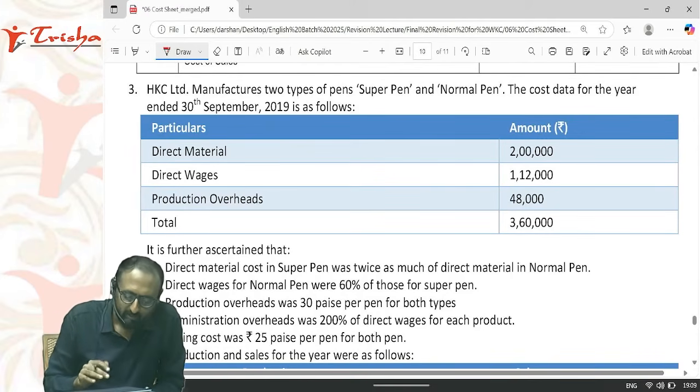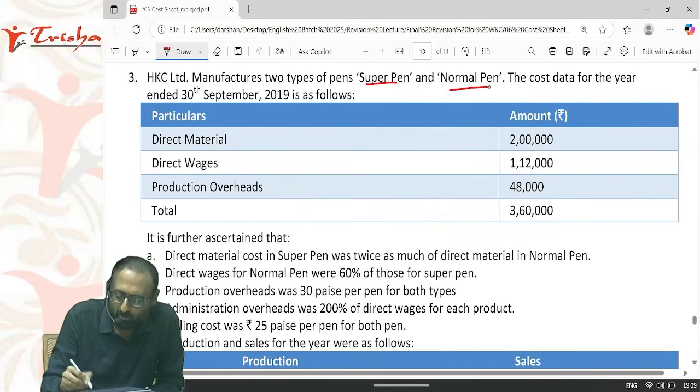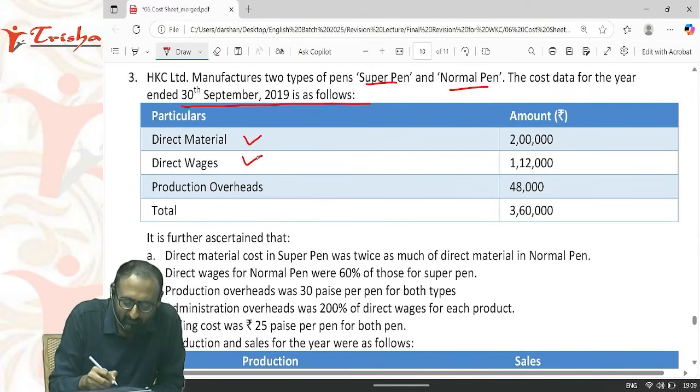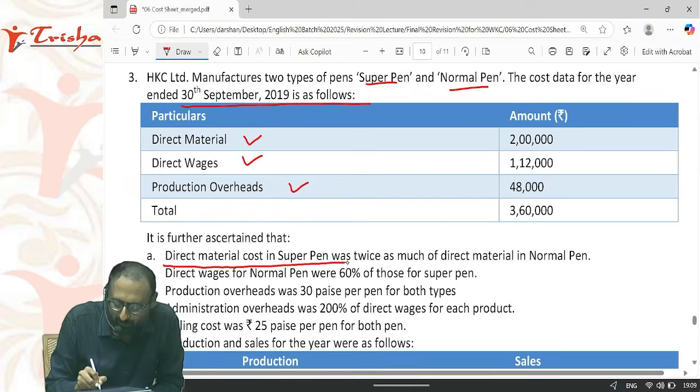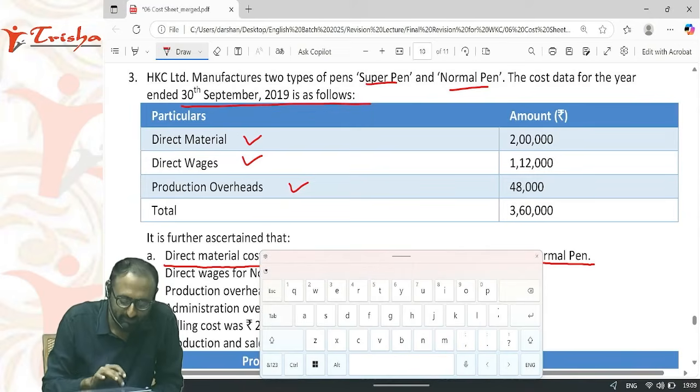Okay. HKC manufactured 2 types of pen, super pen and normal pen. Cost data for the year ended 30th September is as follows: direct material, direct wages, production overhead, total. It is further ascertained that direct material cost in super pen was twice as much as direct material in normal pen. Most important adjustment.